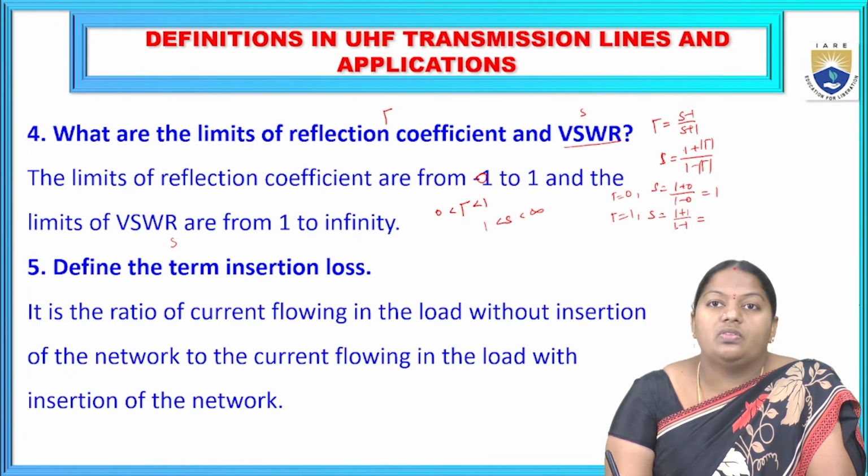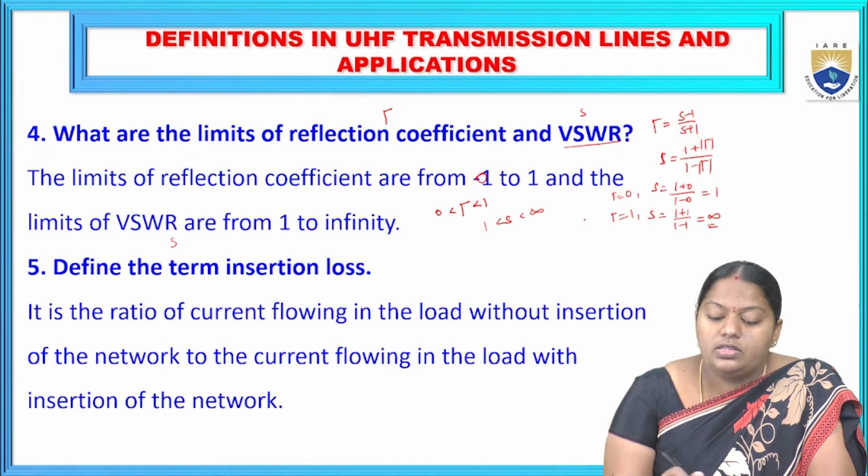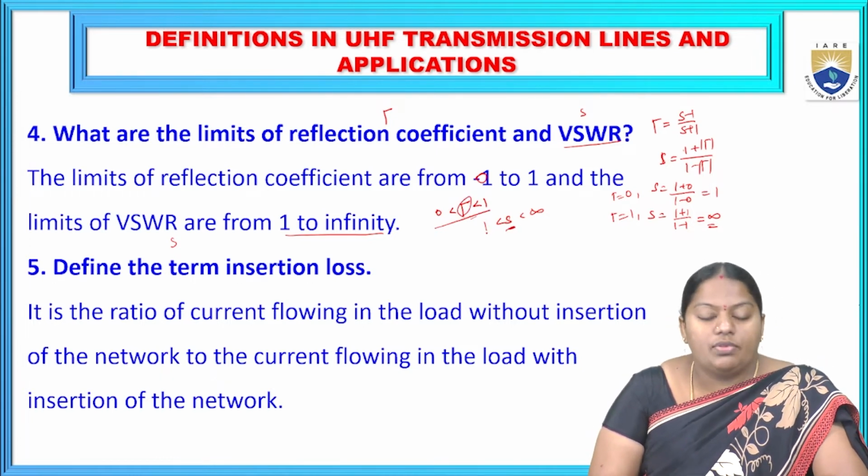The denominator is 0, and something divided by 0 becomes infinity. So this is the way the ranges of reflection coefficient gamma and standing wave ratio S are written. The limits of the reflection coefficient are 0 to 1, and the limits of the voltage standing wave ratio S are 1 to infinity.